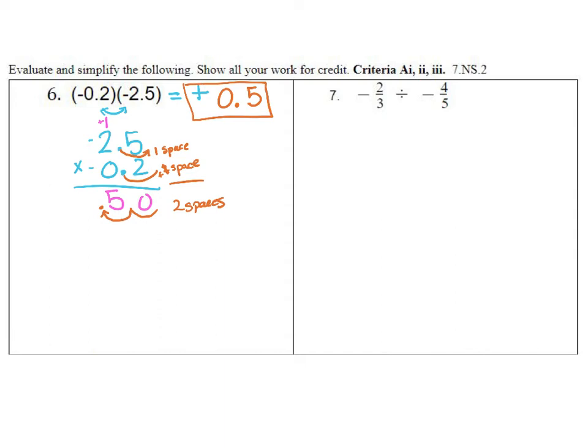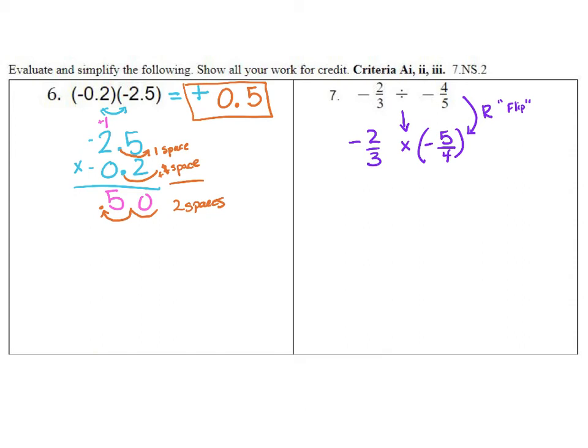The next one is dividing fractions. And remember, when we divide, we're actually multiplying by the reciprocal, or the flip of it. So I'm going to automatically flip this. So 5/4, don't forget the negative, and this would be negative 2/3.